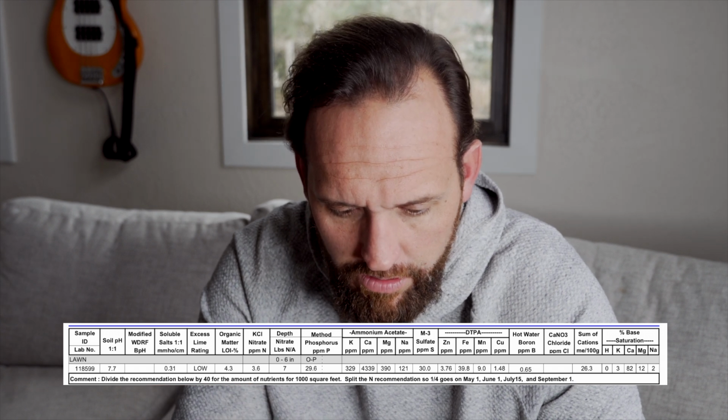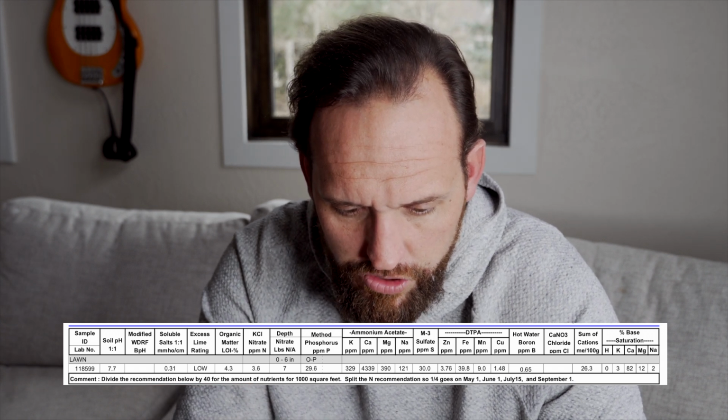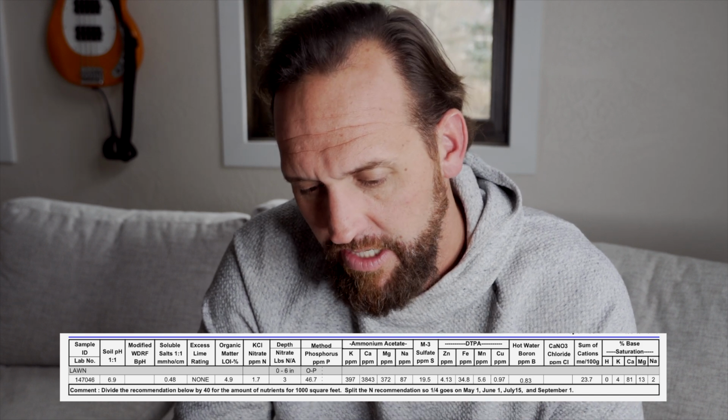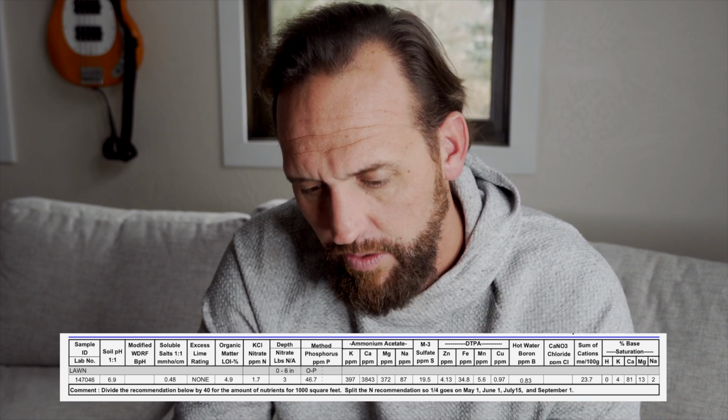Now, if we move along to this level, so this would be the next level down, which would be between, let's call it, 4 and 8 inches in total depth here. Soil pH of 6.9 actually, and this is why I wish I would have done the higher sampling as well.